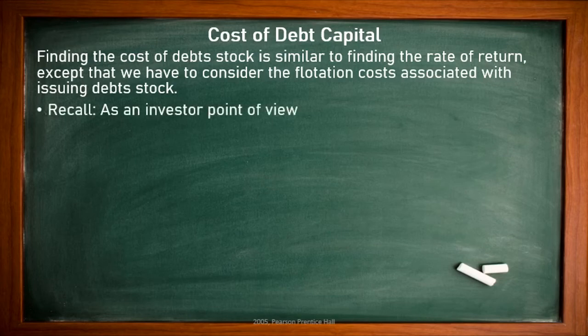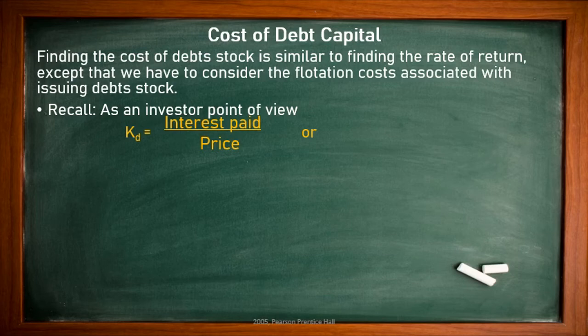Let's recall. From an investor's point of view, when we are calculating the cost of debt capital, we take interest paid divided by price, meaning the money we are receiving against the issue of the stock. We can say the face value, or the par value.